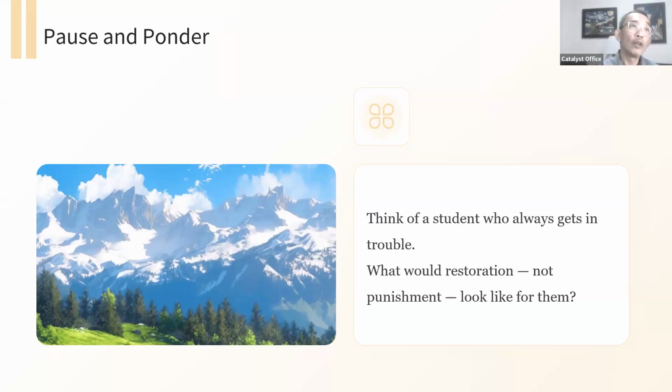So think of a student, and then think of an offense that the student committed either in the past or hypothetical, and how can you address that particular offense using any of the 10 restorative practices that were presented earlier?